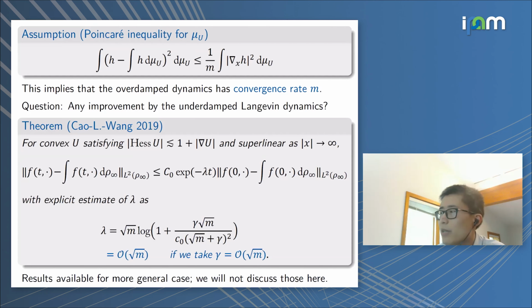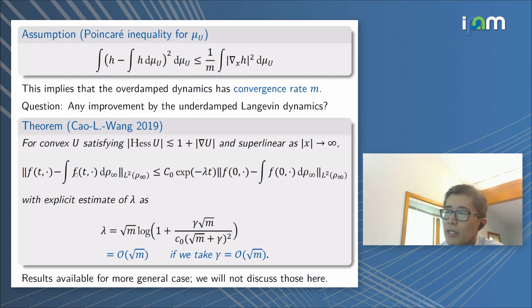Okay, this is from a PDE point of view. This is to make sure of some compactness in the Sobolev spaces. Okay, then we can establish this convergence rate result for the underdamped Langevin dynamics, or the kinetic Fokker-Planck equation. On the left-hand side, this is just the L2 norm.